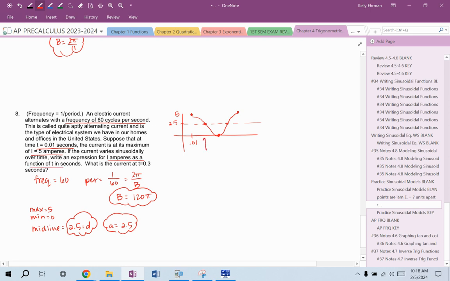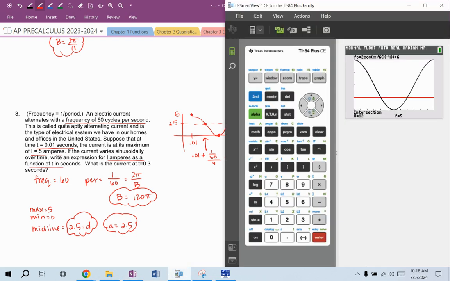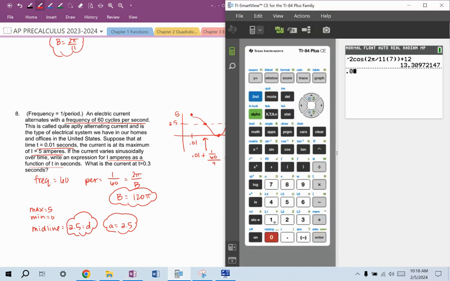So then what is this point here? This is 0.01 plus the period, 1/60th, divided by 4. 0.01 plus 1 over 240. Now you could leave it like that, or you've got a calculator. I don't want to round this, so math fraction.